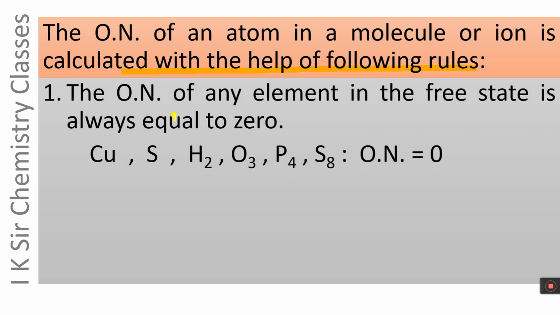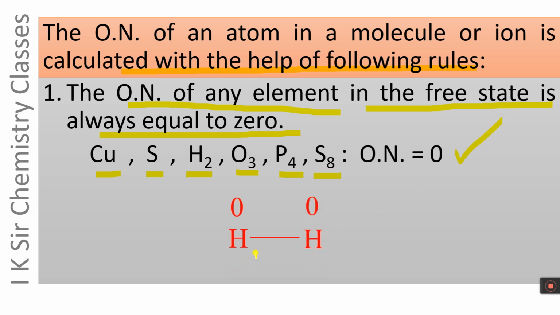The first rule: the oxidation number of any element in the free state is always equal to 0. Any element in the free state, not in the combined state, is always equal to 0. O3, P4 and others all have oxidation number equal to 0.